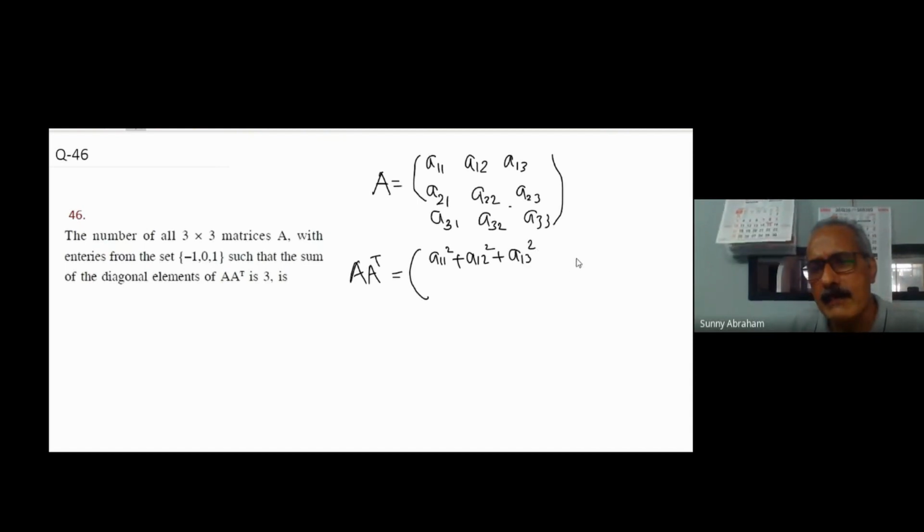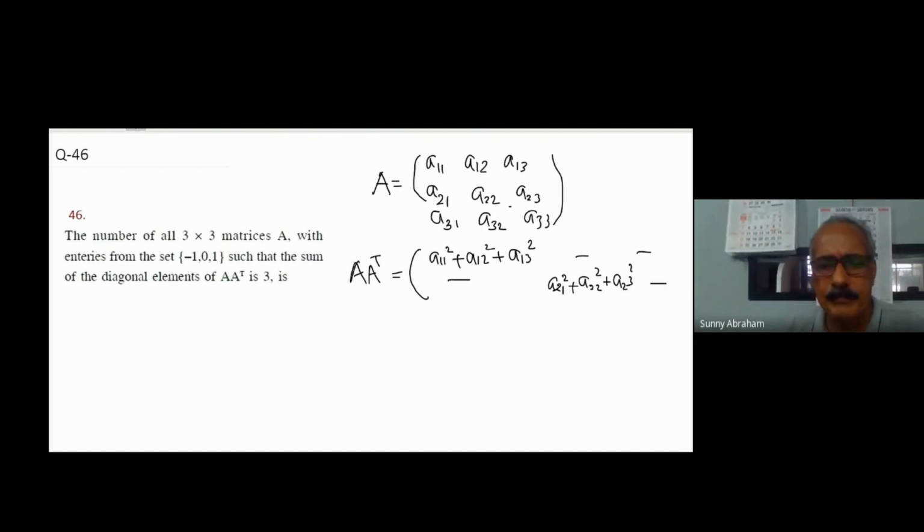The diagonal element, second row, second column, will be A21 square plus A22 square plus A23 square.